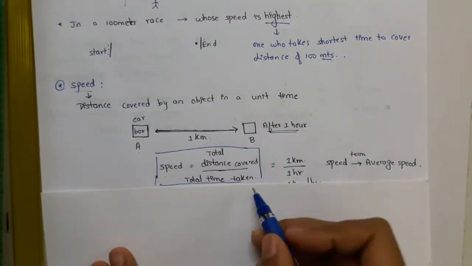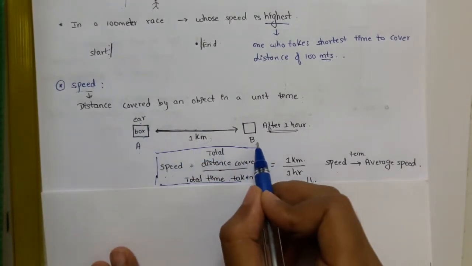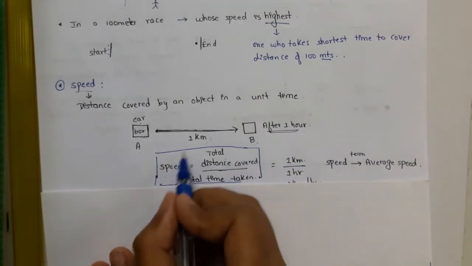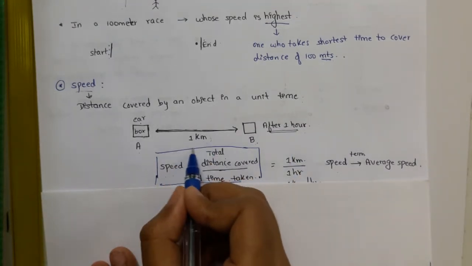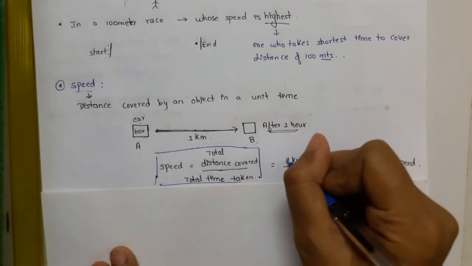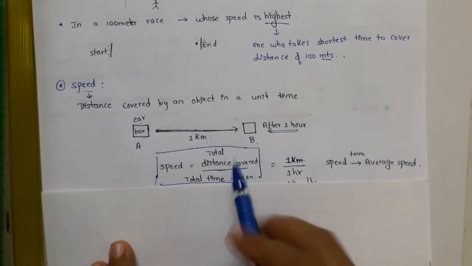From this formula, let us calculate the speed of the car to reach point B after 1 hour. We are assuming 1 kilometer is the total distance between A and B. That is, 1 kilometer is the total distance covered by the car.